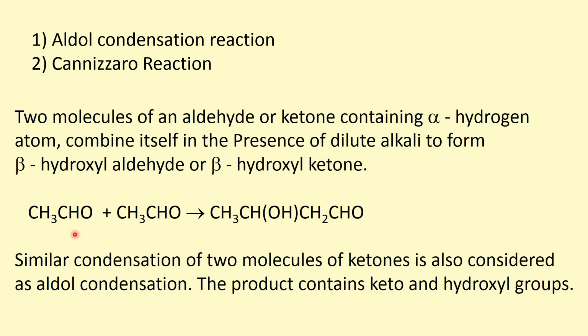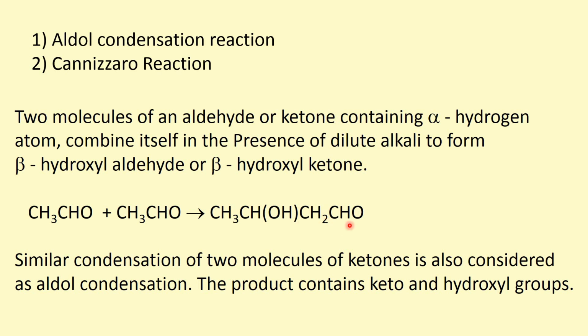Now look here, acetaldehyde contains alpha hydrogen atom. Alpha hydrogen atom means hydrogen atom attached to the alpha carbon atom. Alpha carbon atom means the carbon which is attached to this functional group. Now two molecules of this acetaldehyde undergo condensation reaction in presence of alkali to form beta hydroxy carbonyl compound.